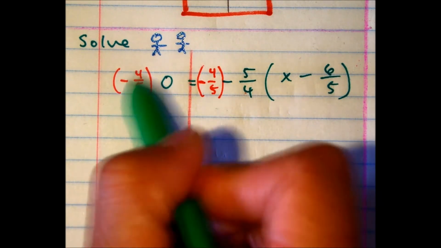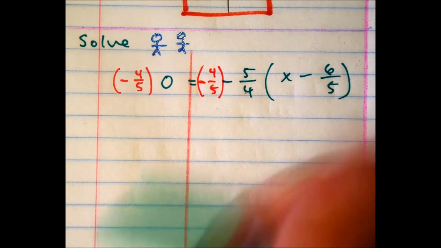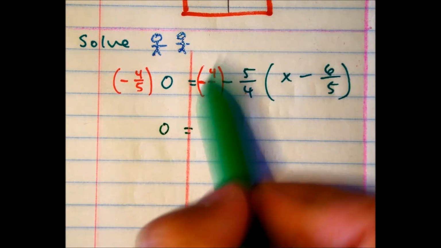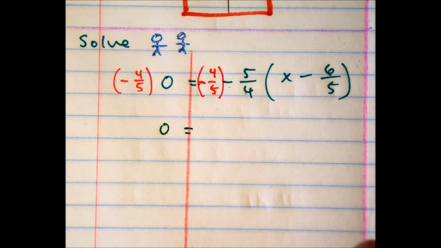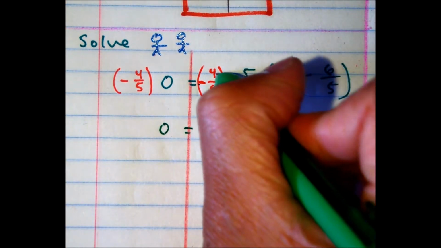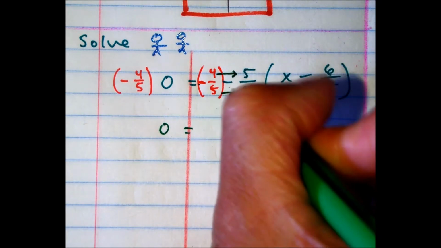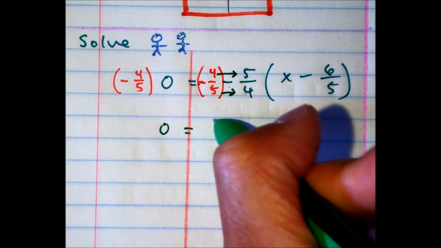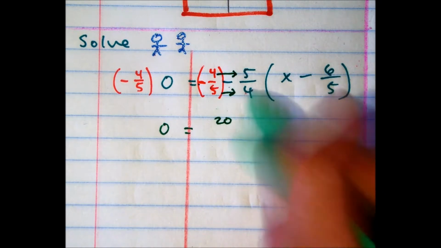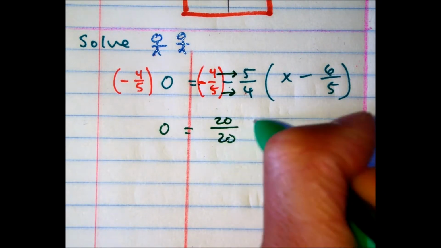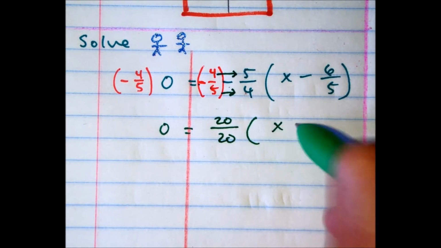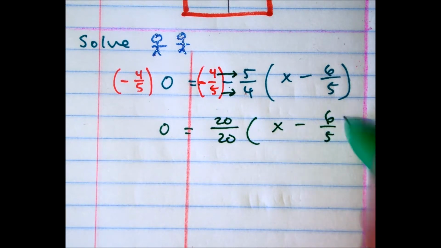Class, anything times 0 is 0. Negative times a negative. Positive. We're multiplying fractions. 4 times 5. And 5 times 4. Now I'm left with an x minus 6/5.